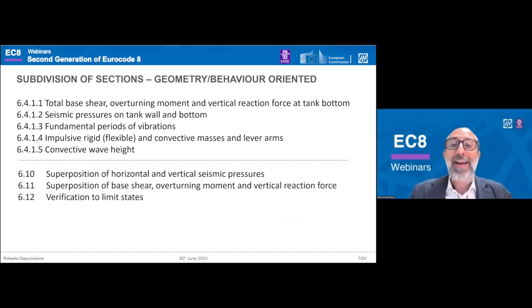then all the variable quantities needed for the equivalent mechanical model, impulsive, rigid and flexible, and convective, masses and level arm height, then the maximum displacement wave height for taking into account the possibility of leakage, and the last part of each section of chapter 6 regards the superposition of all these quantities, forces and pressures.